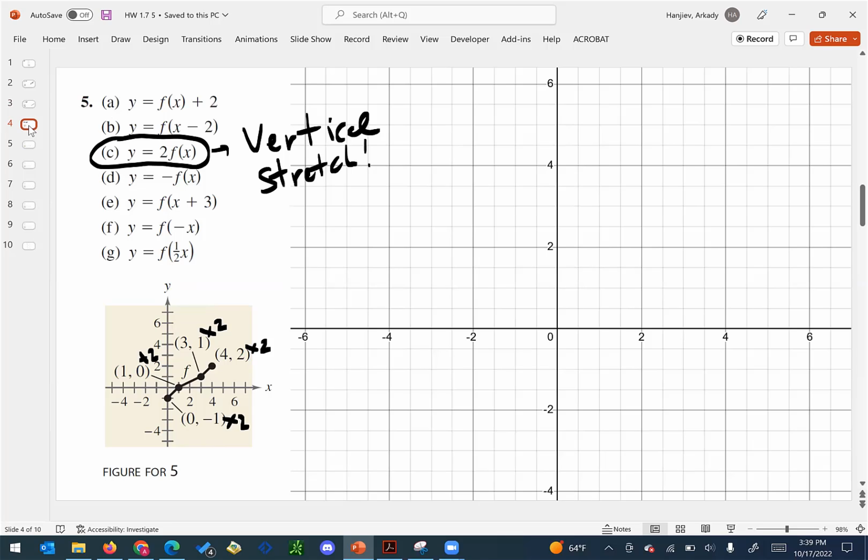4, 2 now stretches out to 4, 4. So this one has gone up. 3, 1 now stretched up to 3, 2. Okay, 0, 1 stayed in the same exact spot, because if you stretch away from the x-axis and you're already on it, you're just going to stay on it.